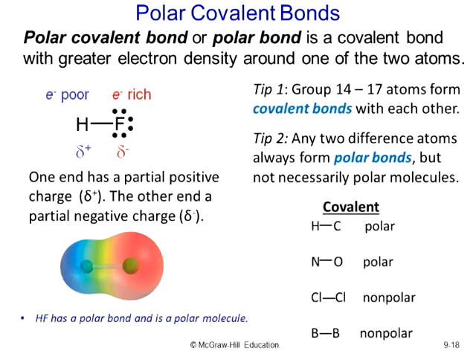So let's start to talk about this concept of polarity and polar bonds. Okay? When we talk about polar covalent bonds or polar bonds, it is a covalent bond with greater electron density around one of the 2 atoms. And in fact, that's what polarity is.